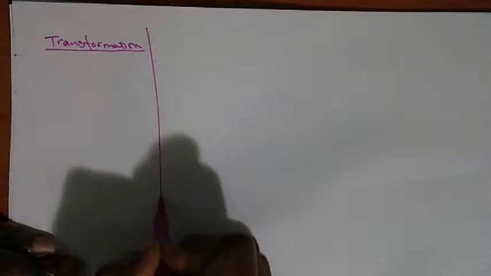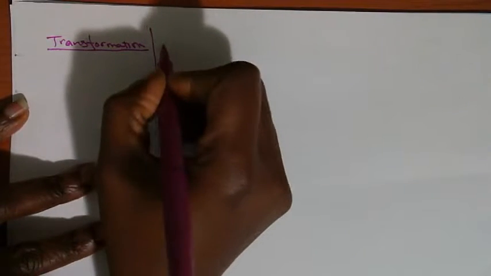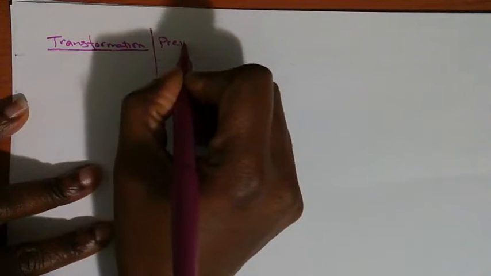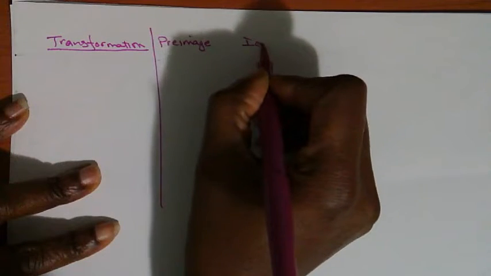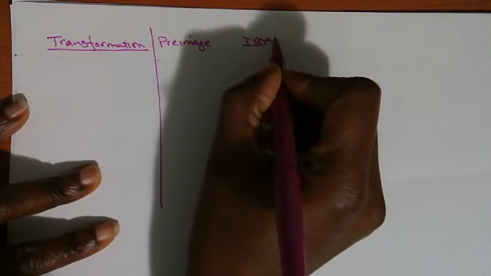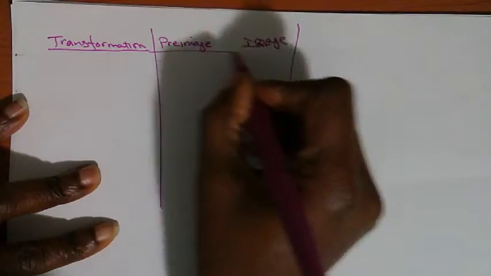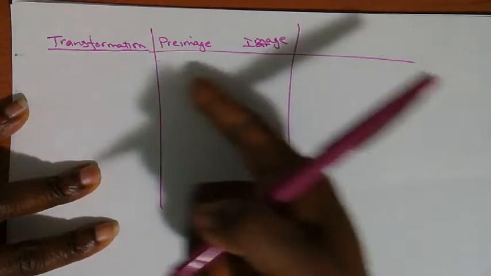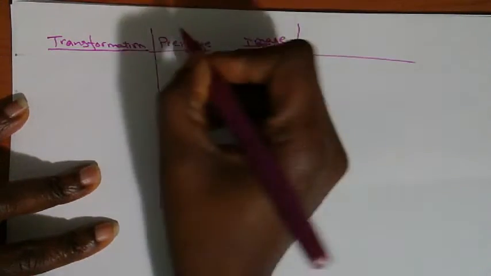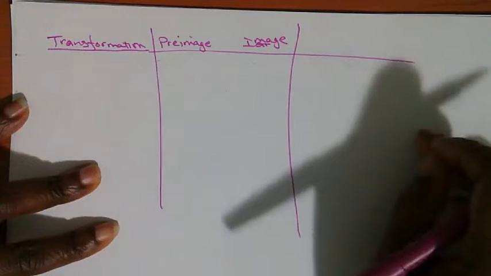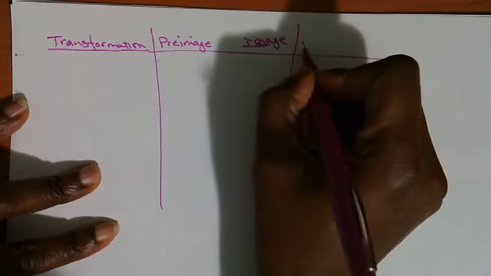Another column says pre-image, and then an image. And the third column basically says the same as the second because it's using 2 different coordinate points.